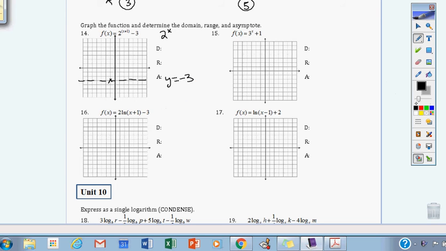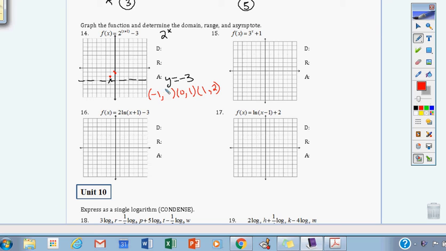Okay, so but my key points, I'll do those in red here, would be if we were to plug in negative 1, if we were to plug in 0, and if we were to plug in 1. What would that look like? Well, if I put in a 0, we know we're going to get a 1 all the time. So that's this point right here relative to our new origin. 1 comma 2, 2 to the first is 2, so over 1 up 2.